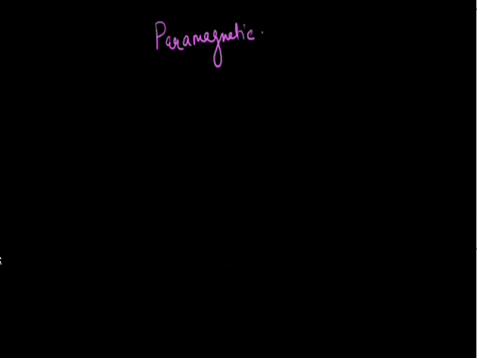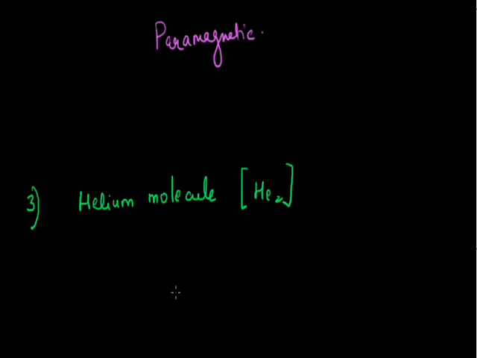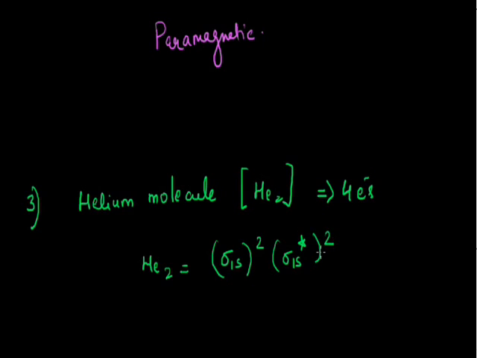Now we see the configuration of the helium molecule by the use of this theory, that is the He2 molecule. He2 contains 4 electrons in it and its configuration will be sigma 1s 2 sigma 1s star 2.